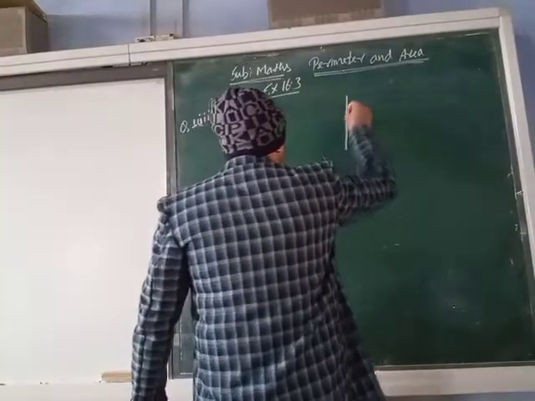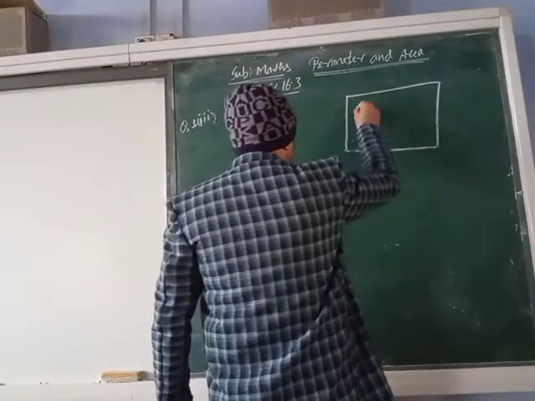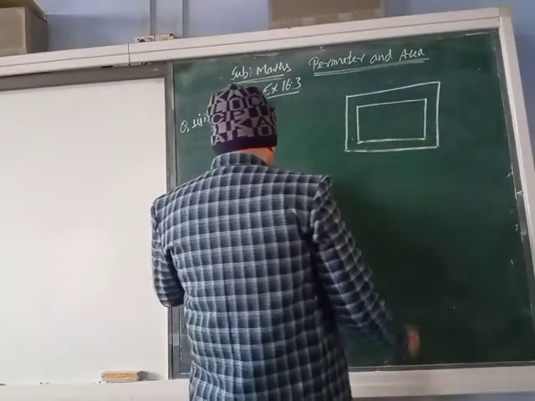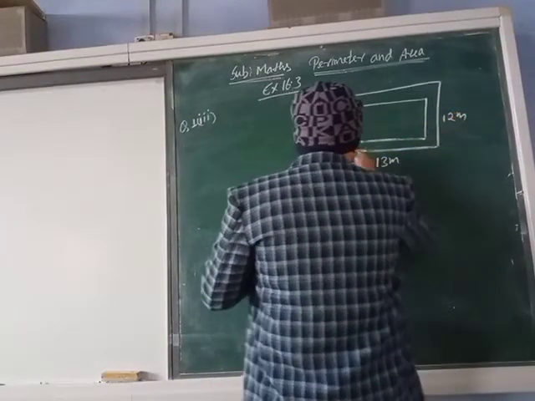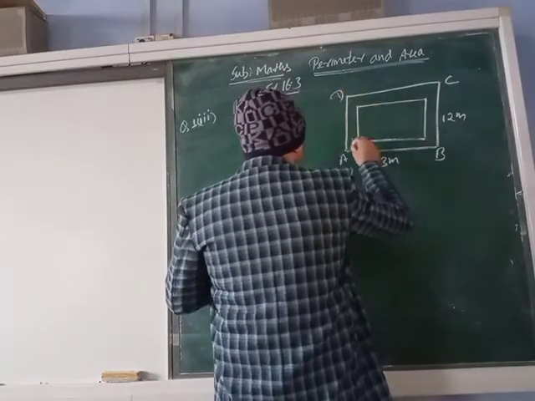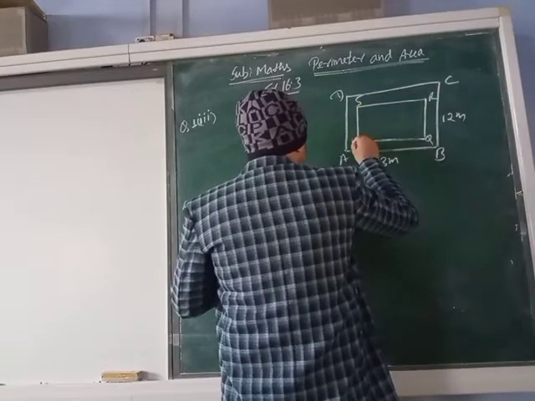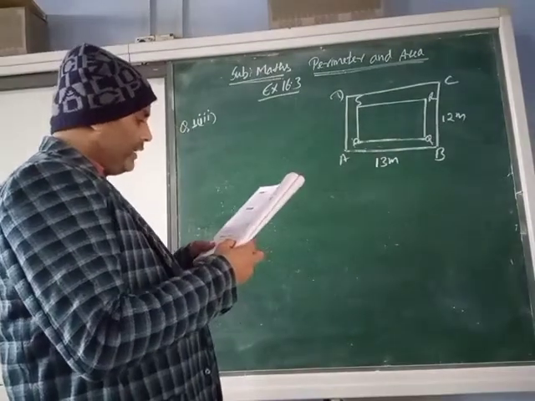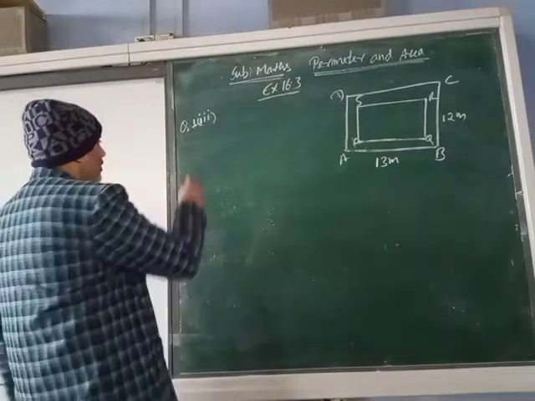See, one garden is given, in which pathways are made for moving, and the garden length is 13 meters and 12 meters. A, B, C, D, P, Q, R, S. Area of garden is given, and then the pathway, whose area is also given.